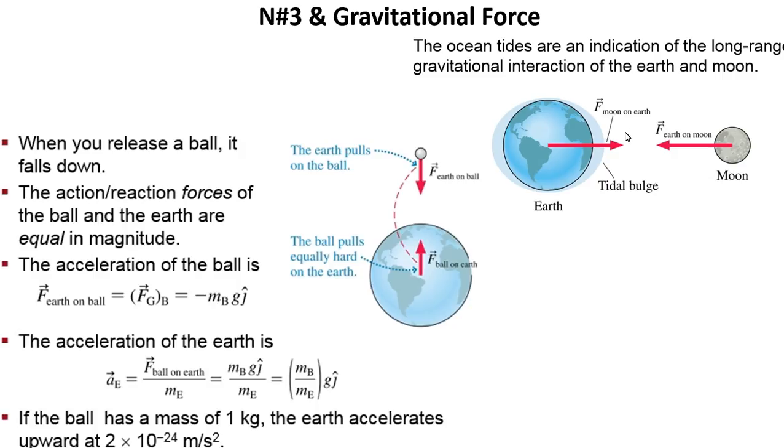In other words, that the Earth exerted a force on the moon, but there was also a pair to that force, a reciprocal force of the moon on the Earth.